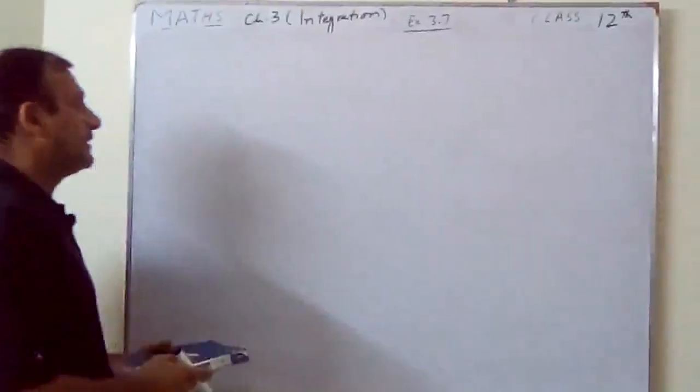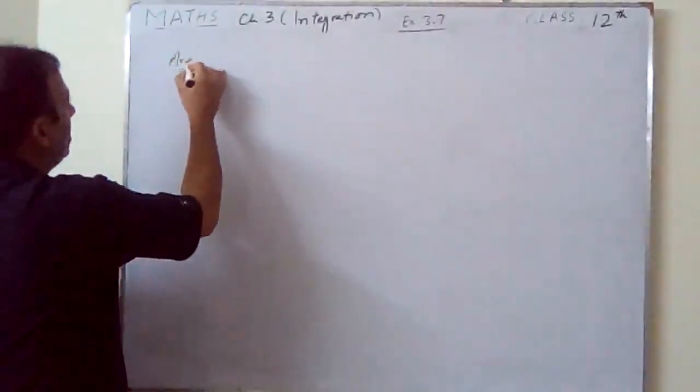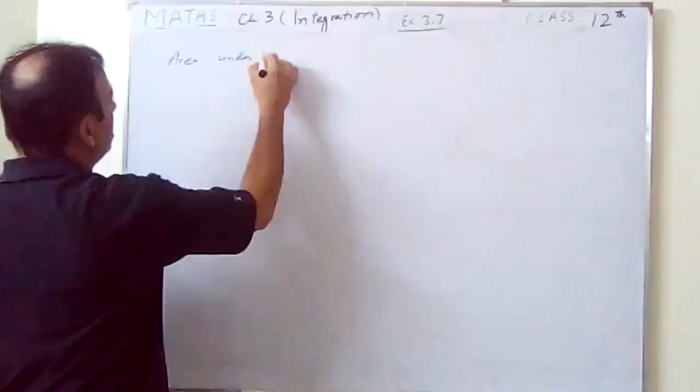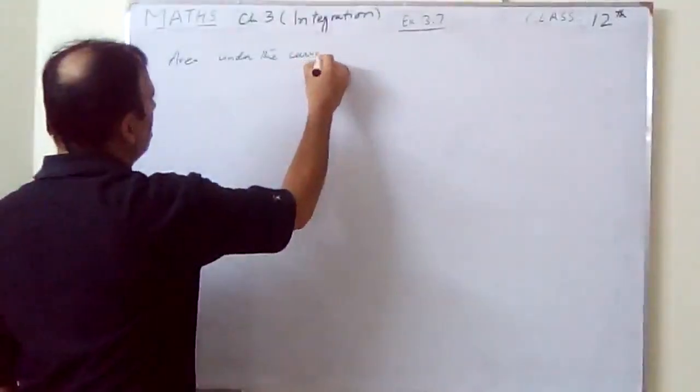In exercise 3.7, this is related to the area under the curve.